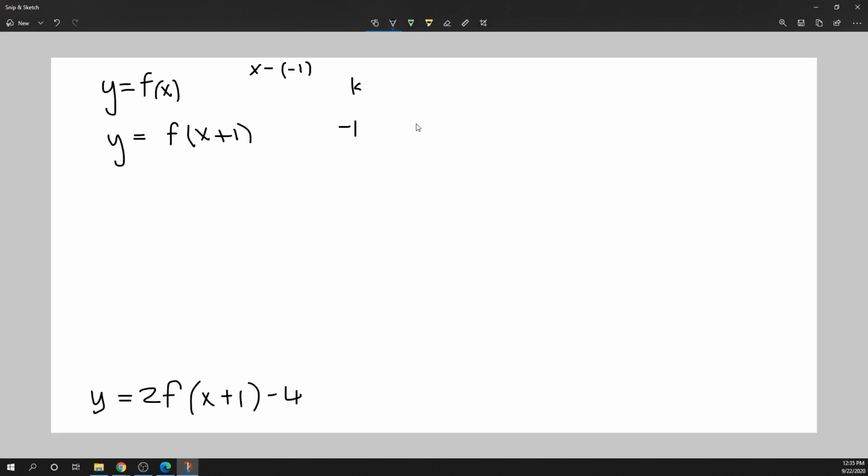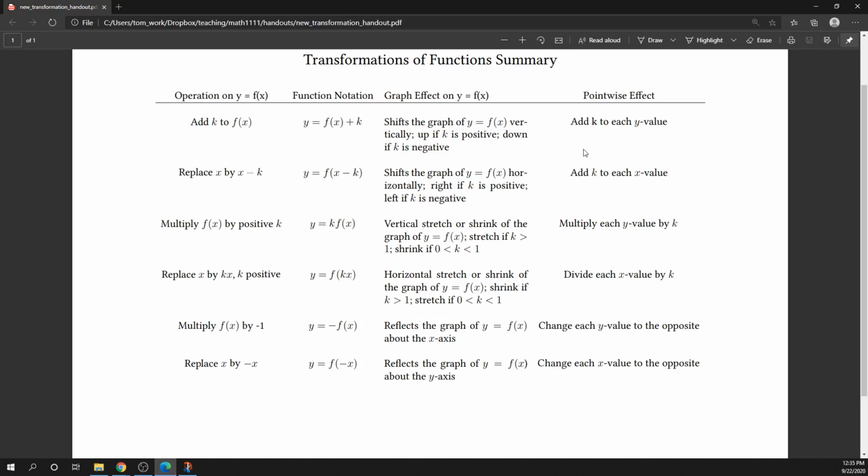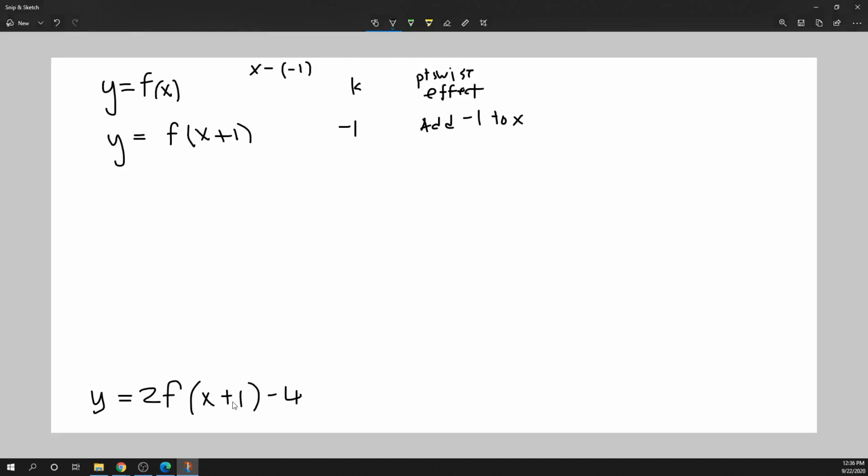And the pointwise effect is that we are going to add negative 1, the k, to the x value. That's listed in this chart right here: we would add k to each x value. And so that's a little bit closer to this.